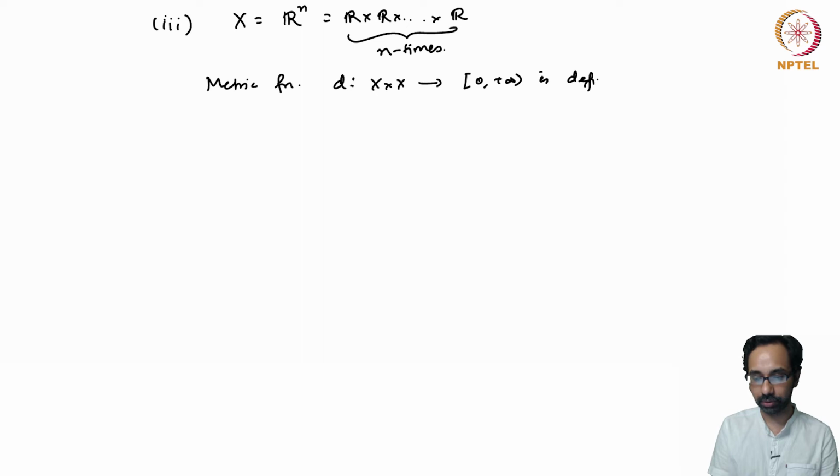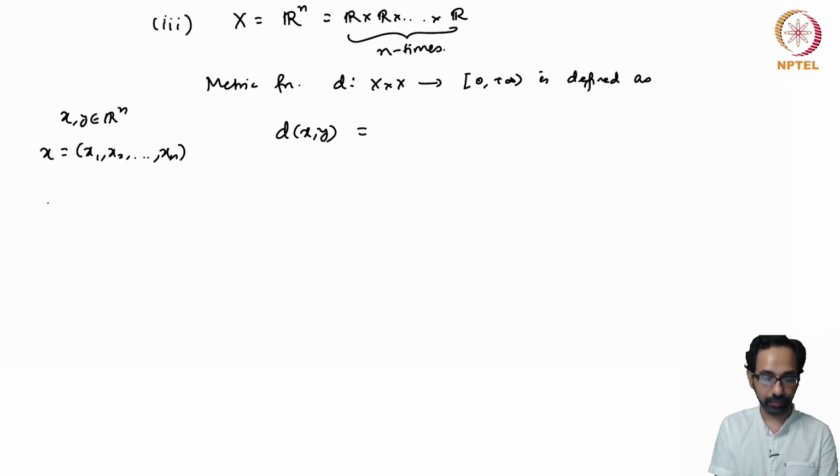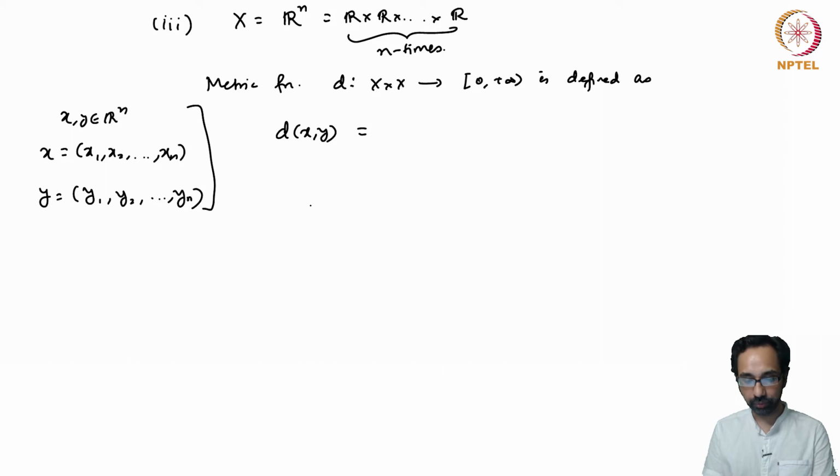It is defined as follows. So d(x, y) is equal to, so here note that x and y are in R^n, then x is of the form x1, x2 up to xn, so these are the coordinates in the Cartesian product, and similarly y can be written as y1, y2 up to yn. And so we define our distance between x and y to be the following expression.